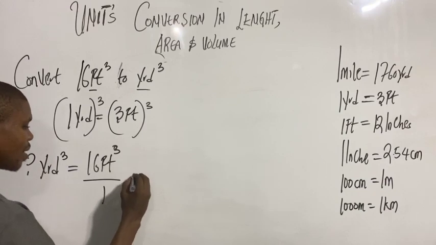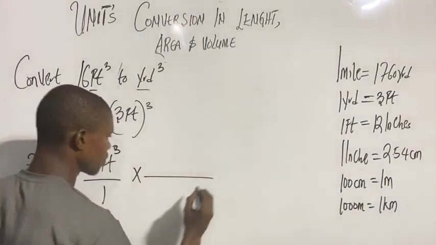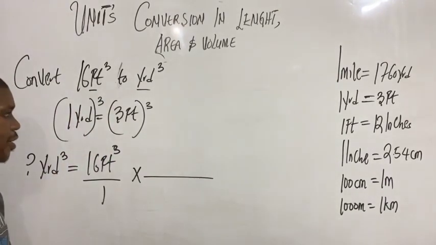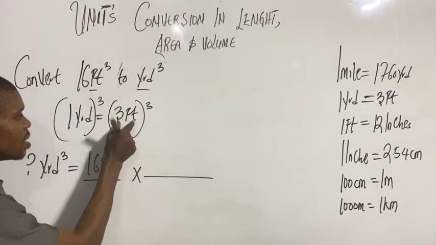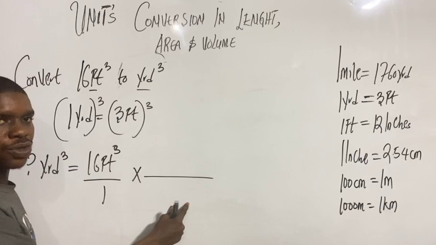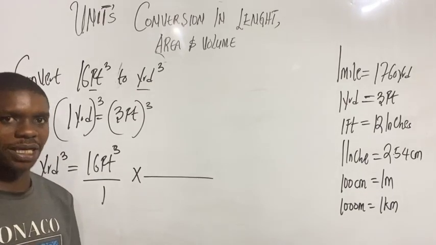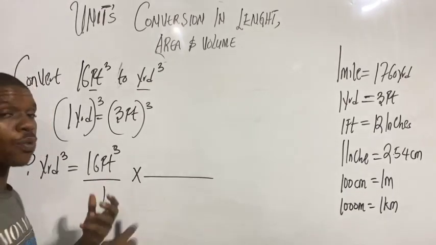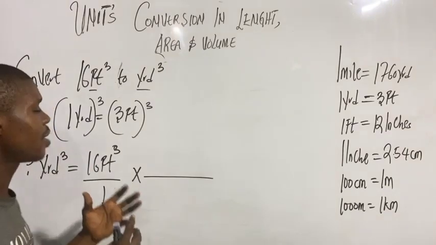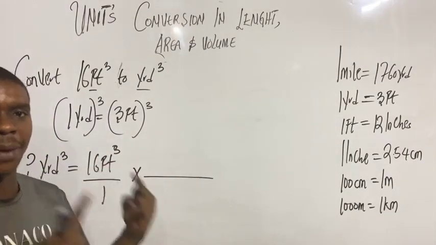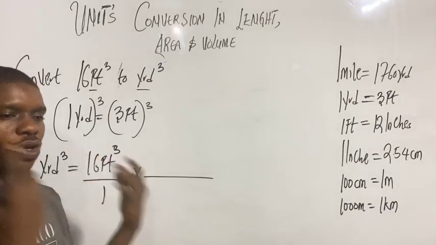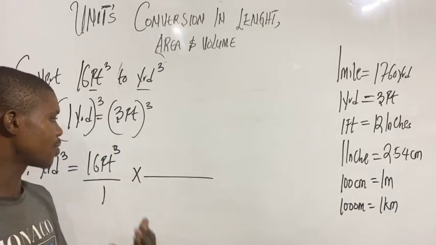Do you understand? Let's say times. Now how am I going to arrange it here? Now because my feet is already at the top, this feet will go to the bottom side. They can cancel out after everything. Do you get that? So remember when you are converting, you must arrange them in a way they cancel each other. That is dimension analysis. So you must always arrange them in a way they will cancel each other.